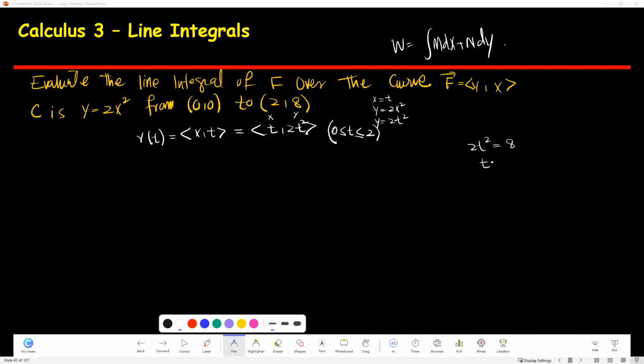The value of t squared from here should equal 4, and then the value of t should be plus or minus 2, so t equals 2. That is how I get this. So every time you substitute t equals 2, you should be able to get 8. And every time you substitute t equals 0, you should be able to get 0 on the other side. Sorry, not 2, 0. So these are my 2 points, and I'm able to substitute both.